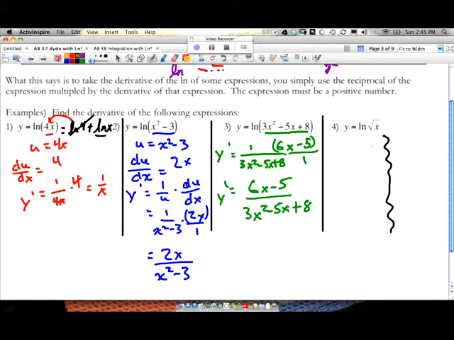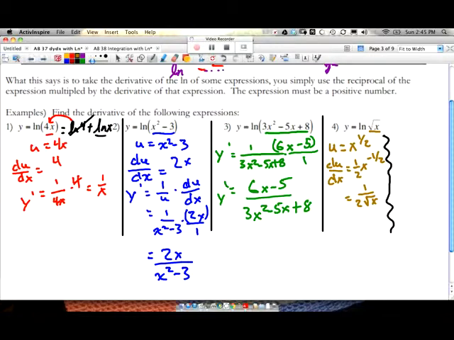Let's start with what we've been doing for a few of these, and we have an inside function here, x, and it's a square root of x, so I would think of that as u equals x to the 1/2. That would mean that du dx would be 1/2 x to the negative 1/2, or even more simply, 1 over 2 square root of x. So that's the derivative.